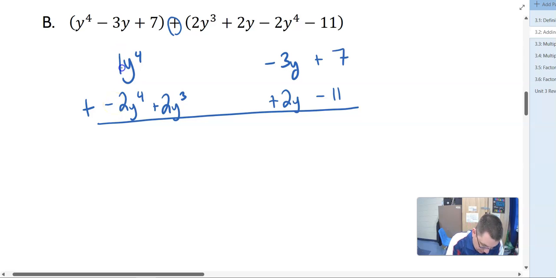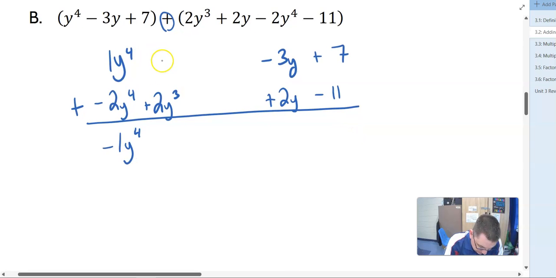So remember, there's a 1 here. 1 plus negative 2 is negative 1y to the fourth. There's nothing here, plus a 2y cubed, so the 2y cubed will just come straight through. There were no y squared terms at all, so we can move on. Negative 3y plus positive 2y, so that's negative 1y. And then 7 plus negative 11, that's negative 4.